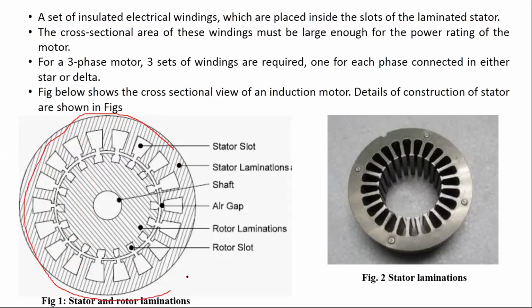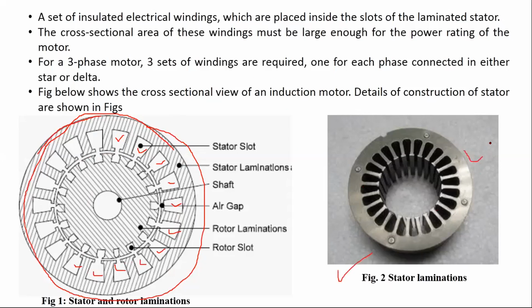Here you can see these are the slots. We call them stator slots, where the stator winding is kept, right? And you can see there are a number of thin sheets in this formation. They all are stacked together to form the stator.